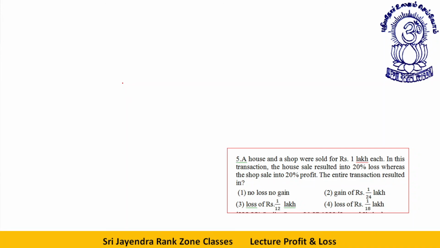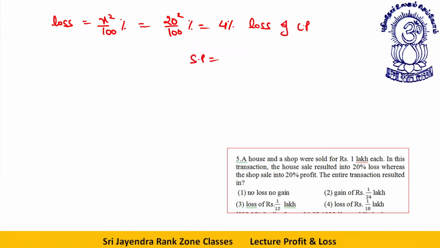The entire transaction resulted in, see, first of all, loss will be what? Loss will be x square by 100%, which is equal to 4% loss of CP. SP will be 96% of CP. Now you can do it very easily.